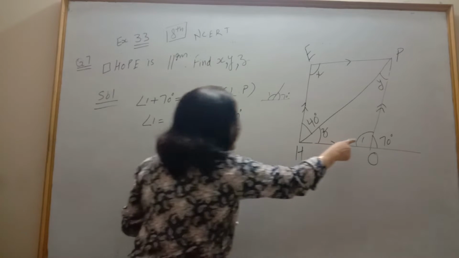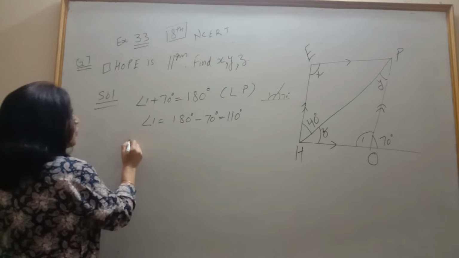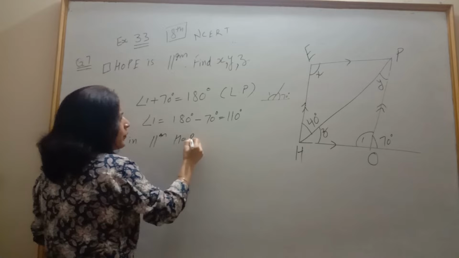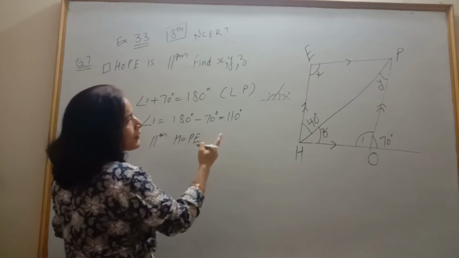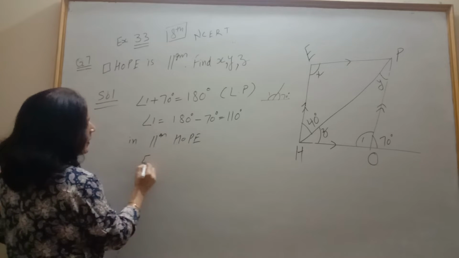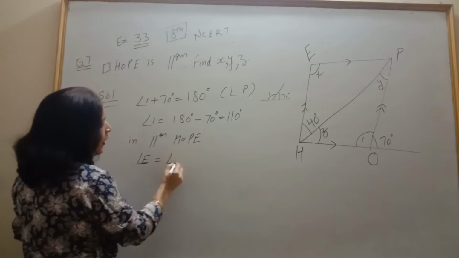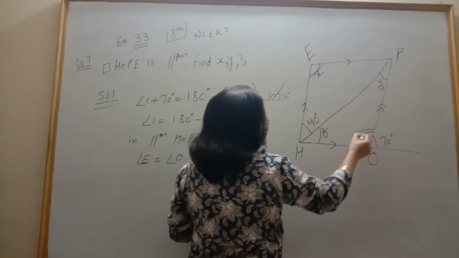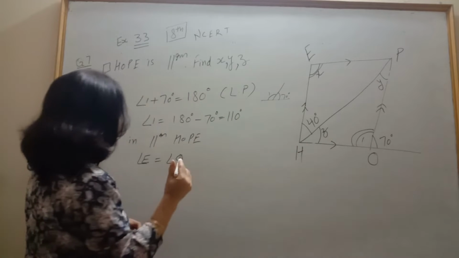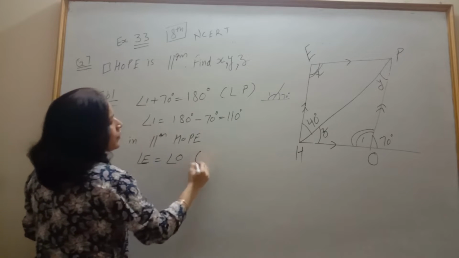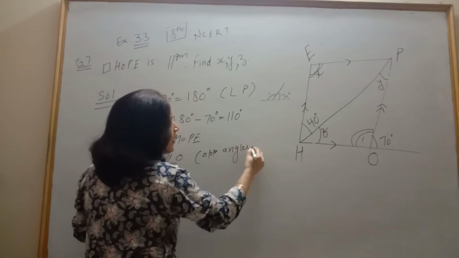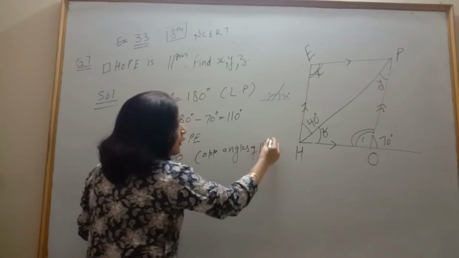If angle 1 is 110 degrees, then in parallelogram HOPE, angle E will be equal to angle O, opposite angles of a parallelogram.